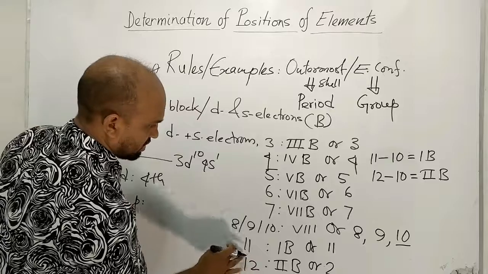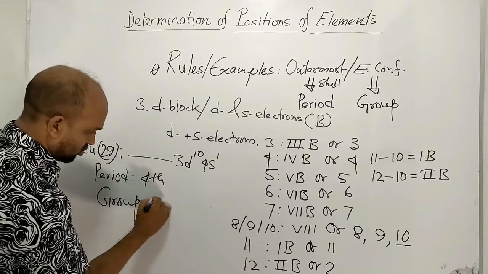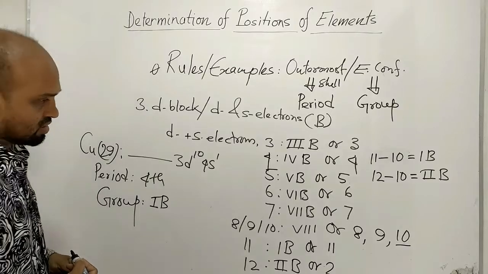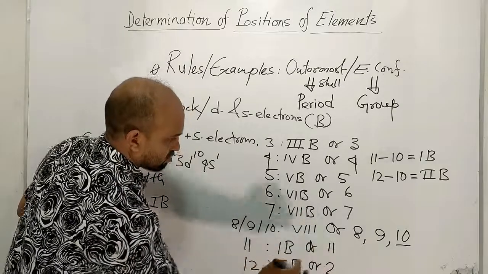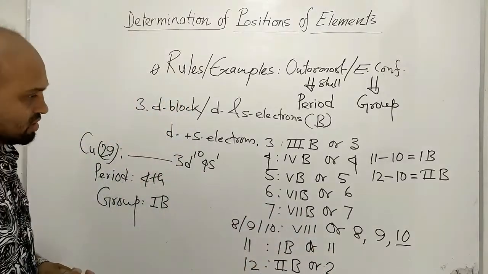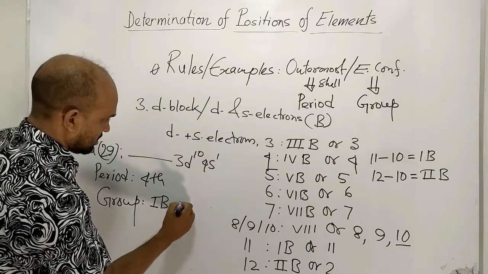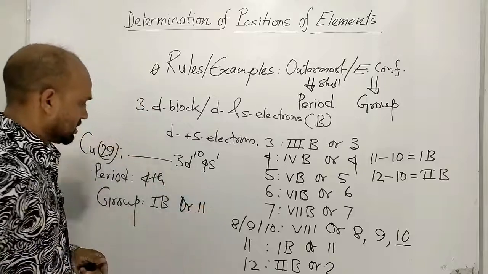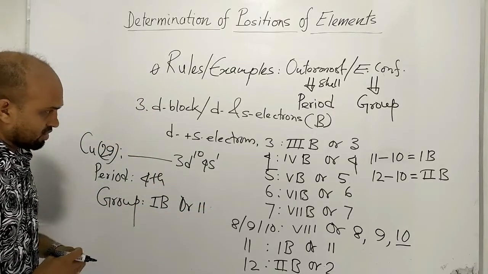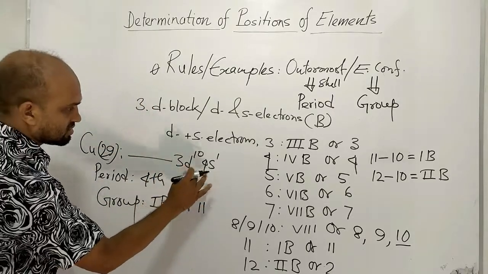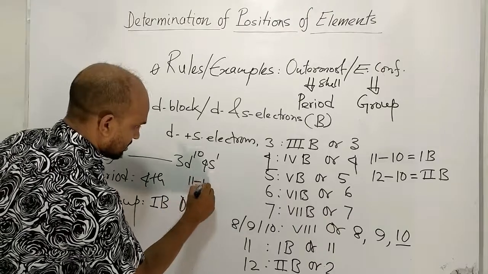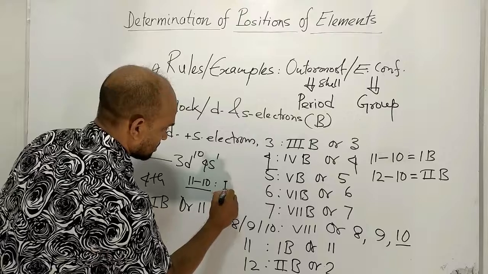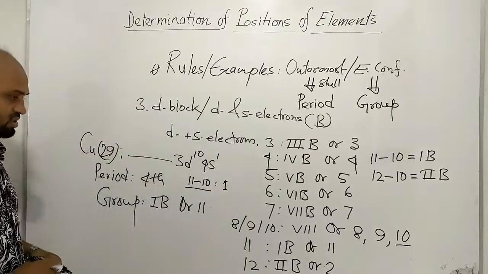If it is 11 electrons, then 1B in the modern periodic table and 11 in the most modern periodic table. In the modern periodic table 10 is deducted from 11 electrons, then we get 1, this 1B.